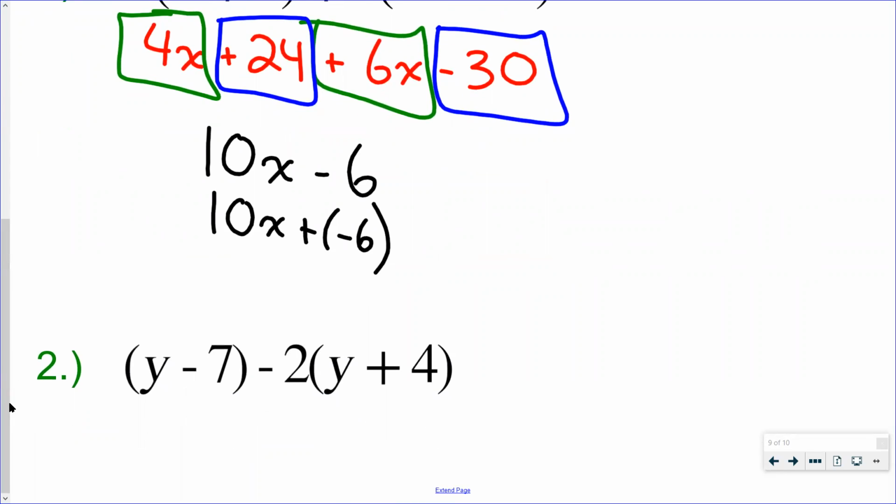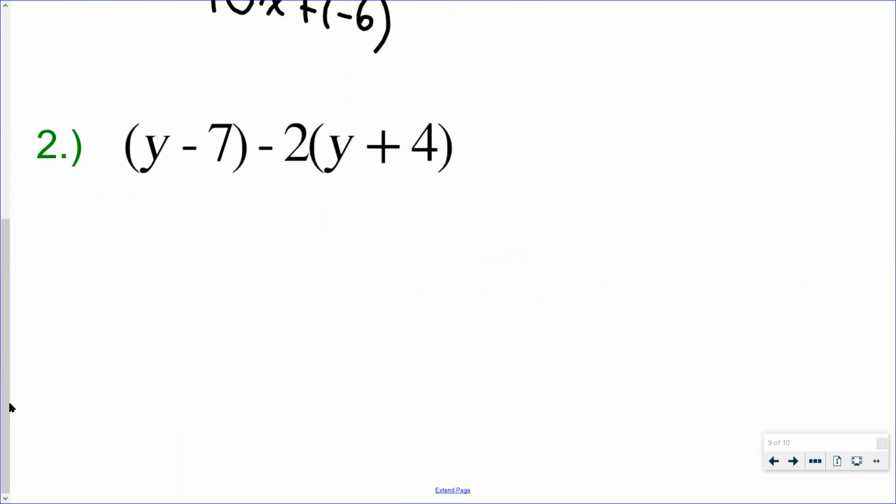Let's look at another one. We have (y minus 7) minus 2 times (y plus 4). Well, this y minus 7, if you look, there's nothing to distribute here. There's no number in front of the first parentheses, and next to the second parentheses, there's a minus sign, so we don't have to worry about that.